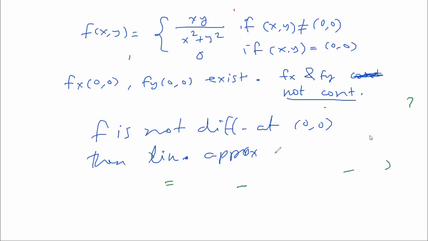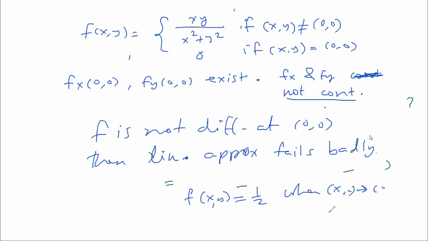Then linear approximation fails badly. As an example, if you do at (0, 0), this is 1/2 when (x, y) approaches (0, 0) along y equals x, right?